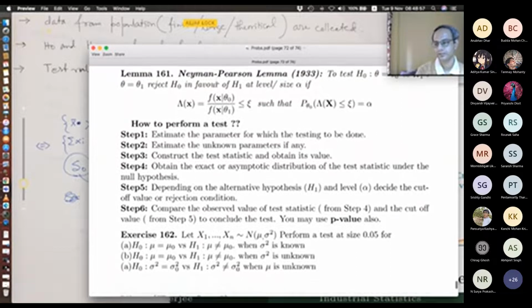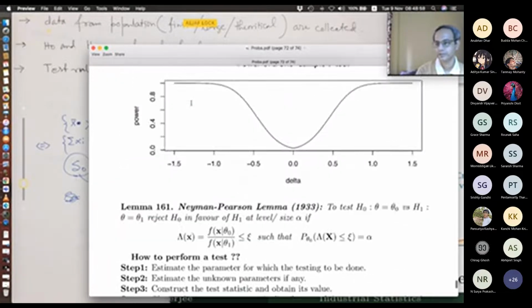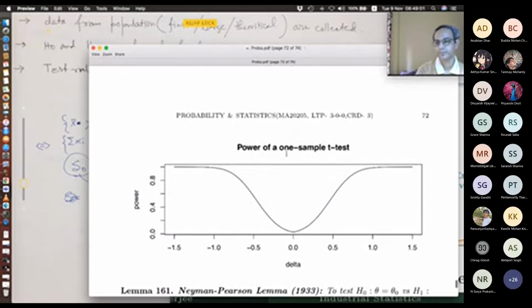Okay. So the power curve is simply the probability of rejecting the null hypothesis when it is not true. Only the true parameter is under the null hypothesis, where the parameter specified is 0. And you are rejecting the null hypothesis when it is true with probability alpha, that is maybe 0.05 or 0.01.